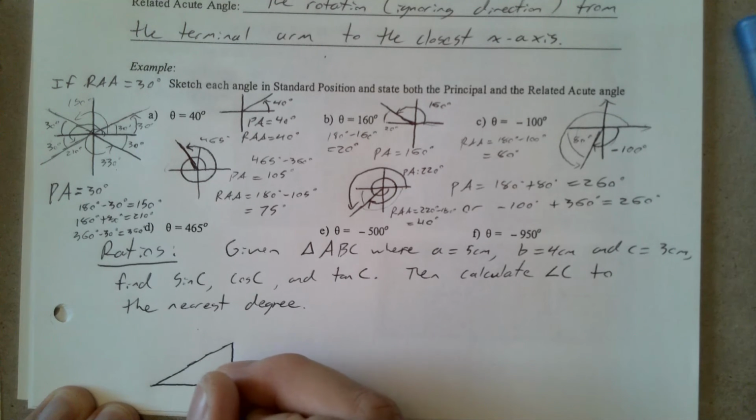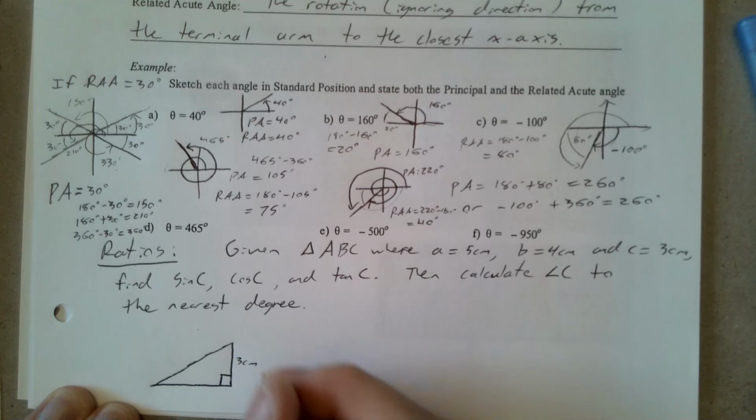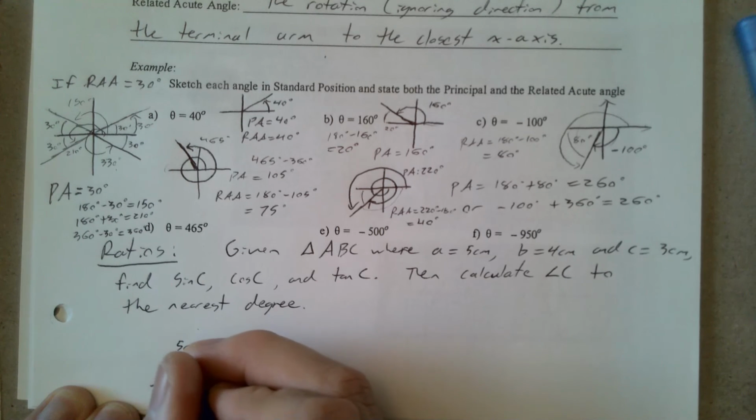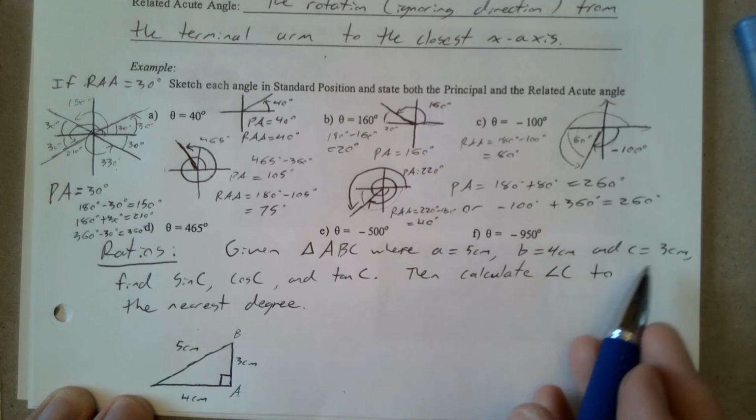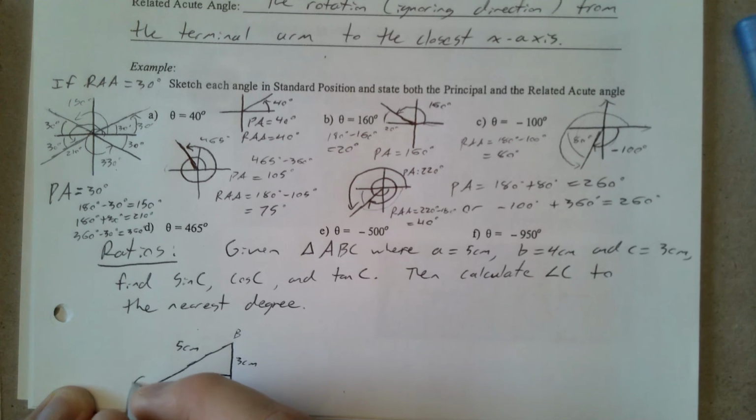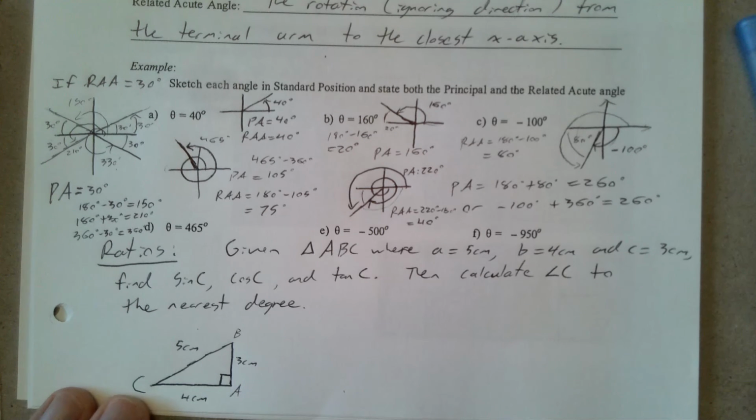Right-angled triangles will usually be given to you in the future. Let's say there's 3 centimeters, here's 4 centimeters, there's 5 centimeters. That would make, let's see, I made side A, so that's A. B is 4, that's going to be angle B. C is 3, so that's angle C. I'm asked to find the sine of theta, the cosine of theta, and the tangent of theta.